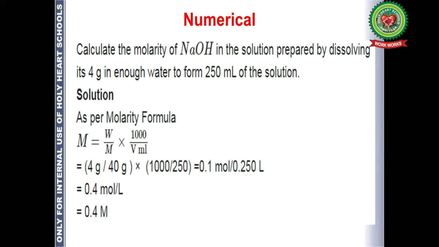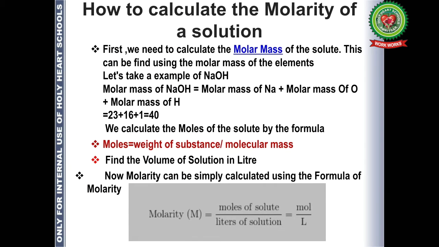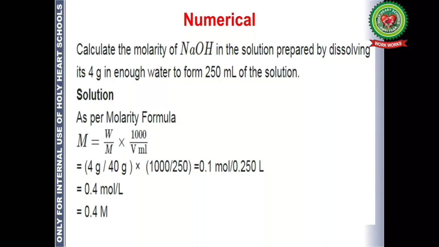First, we calculate the molar mass of NaOH, which we have done in the previous slide, that is 40 gram. So the molecular mass of NaOH is 40 gram. The weight of NaOH given in the numerical is 4 gram, and the volume of solution given is 250 ml.